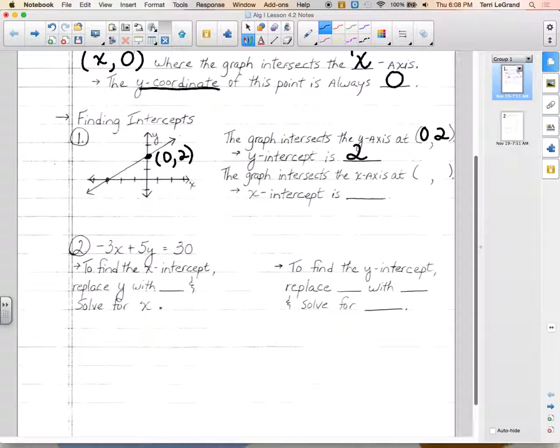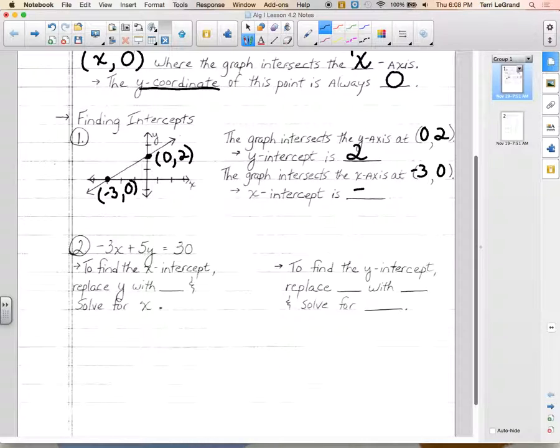Where is the graph crossing the x-axis? It's crossing over here, and this is ordered pair -3, 0. So the x-intercept, its ordered pair name is -3, 0.